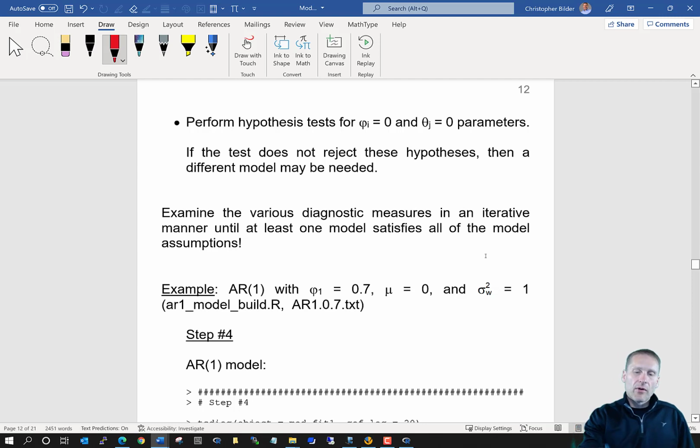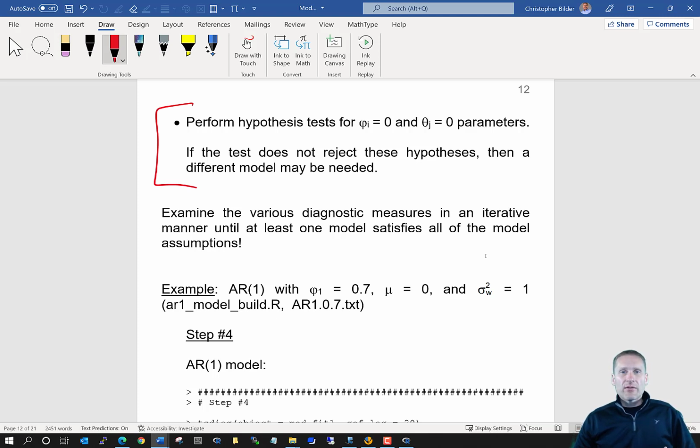Okay. So we use a QQ plot, we use a histogram. And then lastly, perform hypothesis tests for the corresponding parameters in your model. We want to have significance here, in terms of we want to reject H0. If I don't reject H0, while that doesn't necessarily mean that, let's say, phi or theta are truly equal to 0, it should start calling into question things.